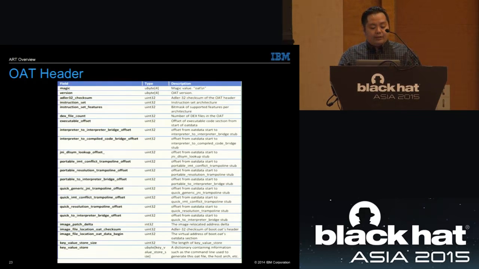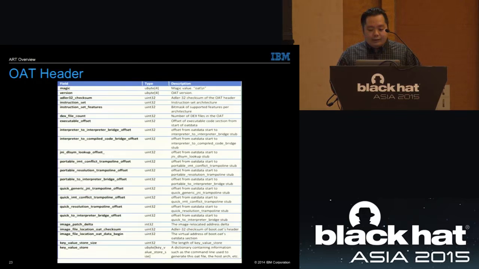It's the same section pointed to by the oatexec section that I mentioned earlier. Another relevant field for our purposes is the last one, the key value store. It's a dictionary containing information such as the command line used to generate this oat file. So we're going to use that later on.